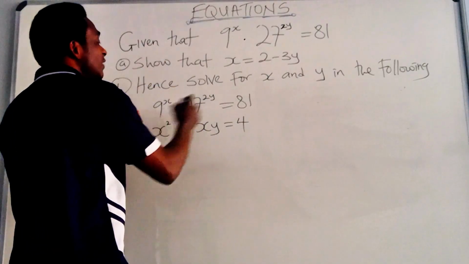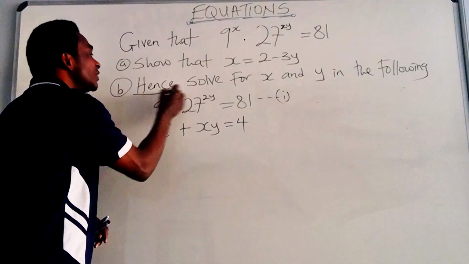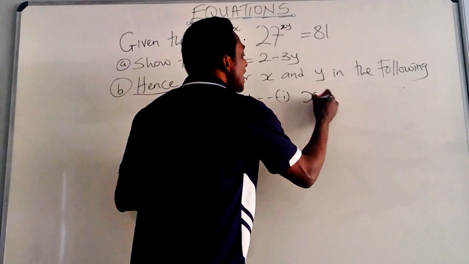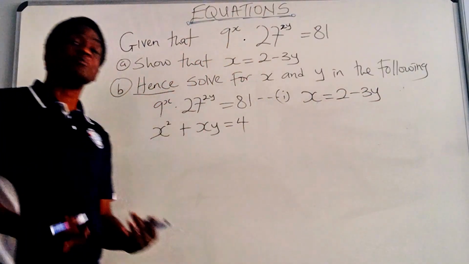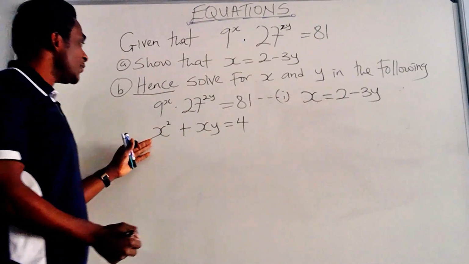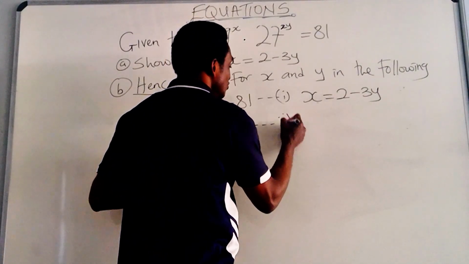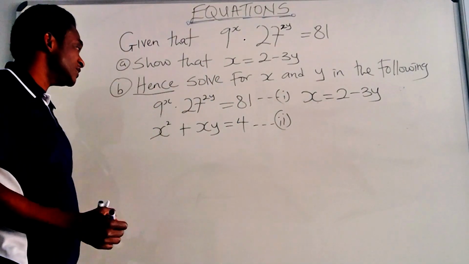Now they gave us this, we call this our equation 1, but we should understand this word. Because of this word, our equation 1 will be replaced with x equals 2 minus 3y, because they say continue from the last section. Now, this will be our equation 1 and this will be our equation 2. To solve simultaneously, we use the substitution method.